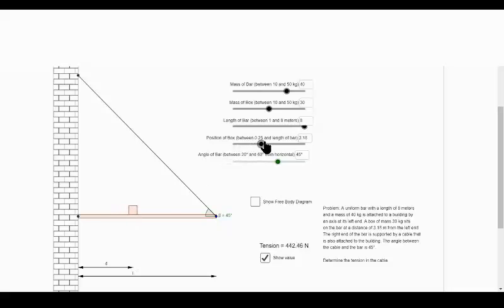So you can change the position of the extra mass and see how the tension changes with the position of this mass. And you can also change the angle that the cable makes with the bar, and check how the force of tension on this cable changes.